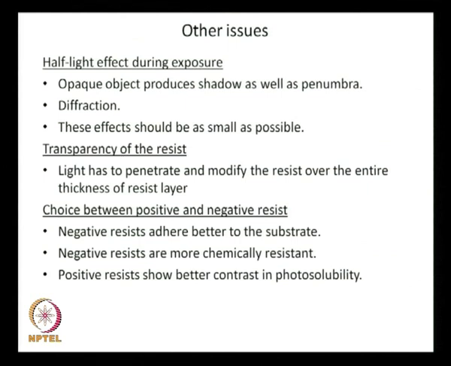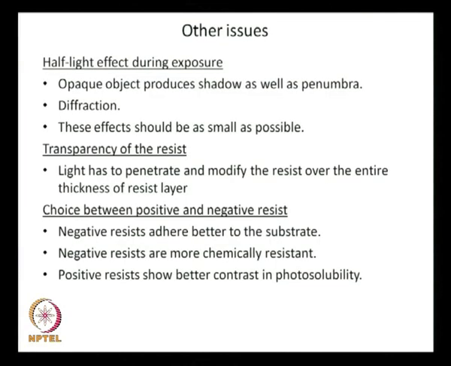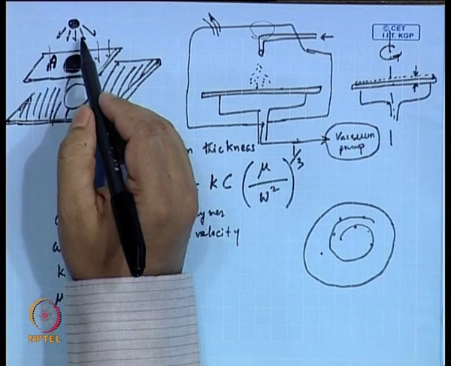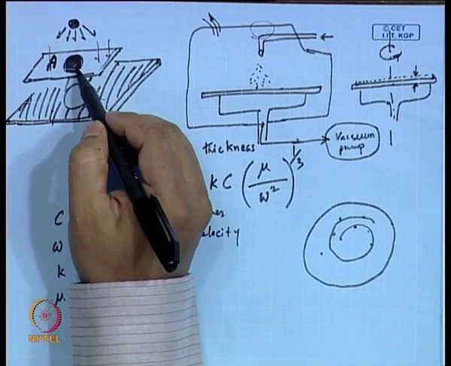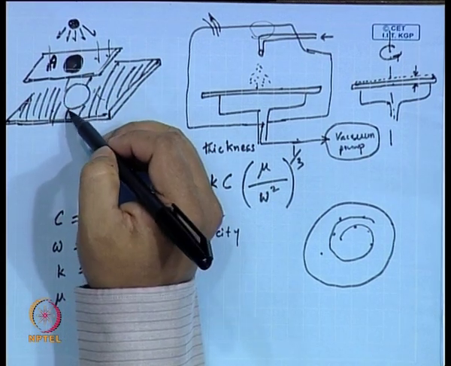Now, there are other issues with this photolithography process. These you should have pointed out at the very outset. The other issue is the half light effect during exposure. The half light effect is that an opaque object produces shadow as well as penumbra. What is that? I said that there would be a source of light, and then there would be a mask, and there is pattern transfer happening.